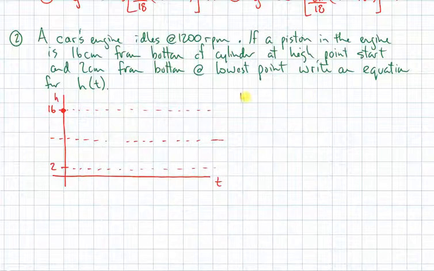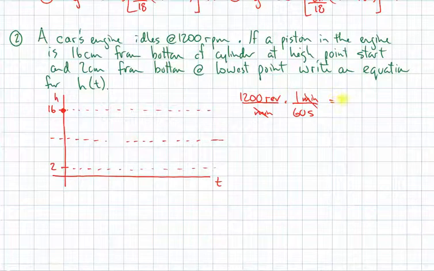I need to use that 1200 RPM, and from that I'm going to get my period. RPM means revolutions per minute. If I want revolutions in a second, I change to seconds by dividing by 60. 1200 divided by 60 is 20 revolutions each second.